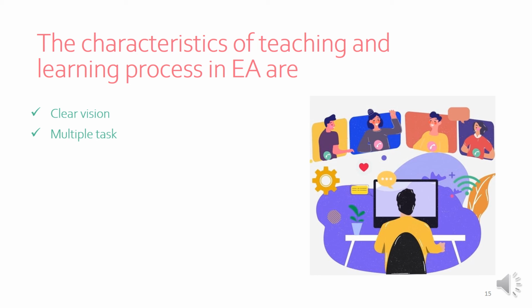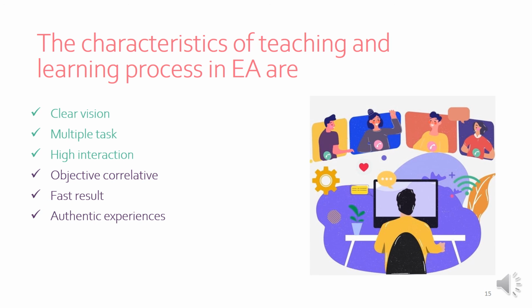It means maybe the activity has more than one task. High interaction, as we mentioned, obviously. And objective correlative. Also fast results. Authentic experiences. And progressive learning. Comprehensive skills.